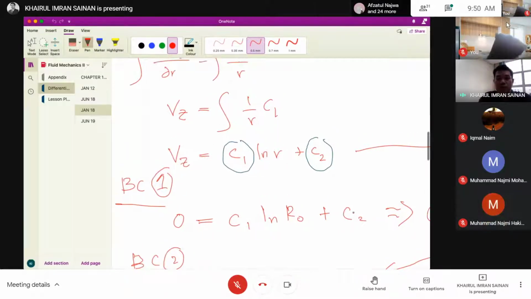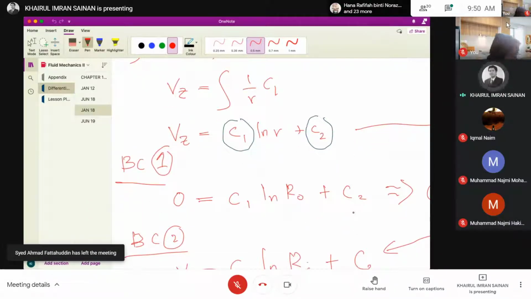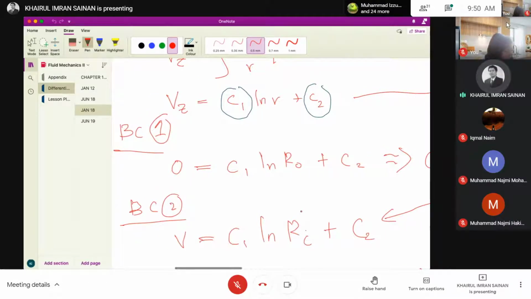And BC number 2: VZ equals to V at R equals to R inner, using the same equation, so you have V equals to C1 ln R inner plus C2. Here you have two equations and two unknowns, so basically you can solve this problem, right?